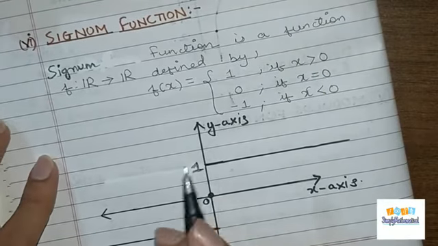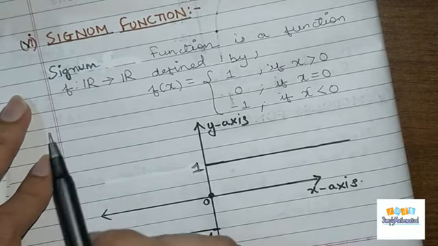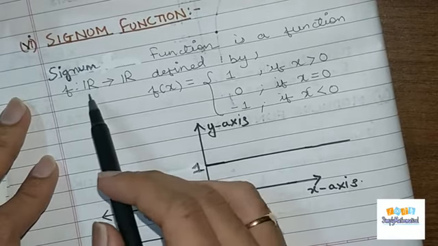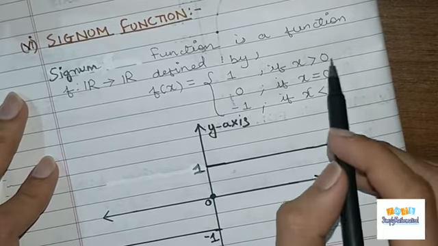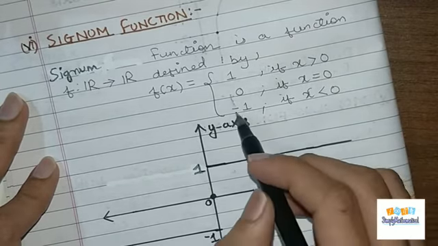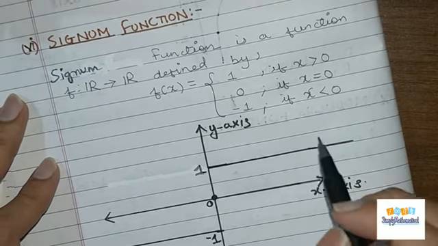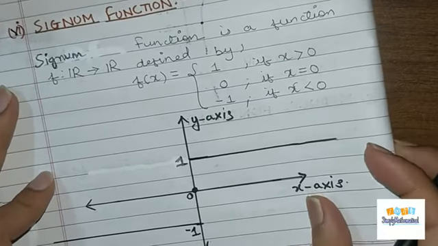Now let us go to the next, the sixth function, that is the signum function. What is the signum function? A signum function is a function f from R to R defined by f(x) = 1 if x is greater than 0, 0 if x is equal to 0, and -1 if x is less than 0. So that is the definition of the signum function.